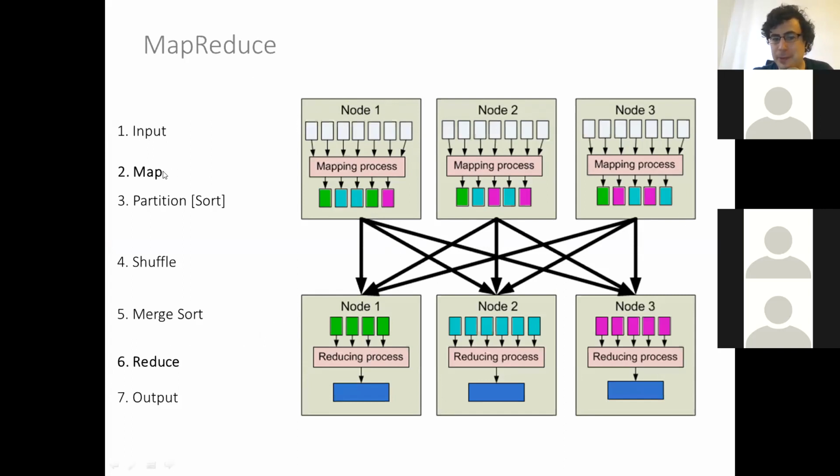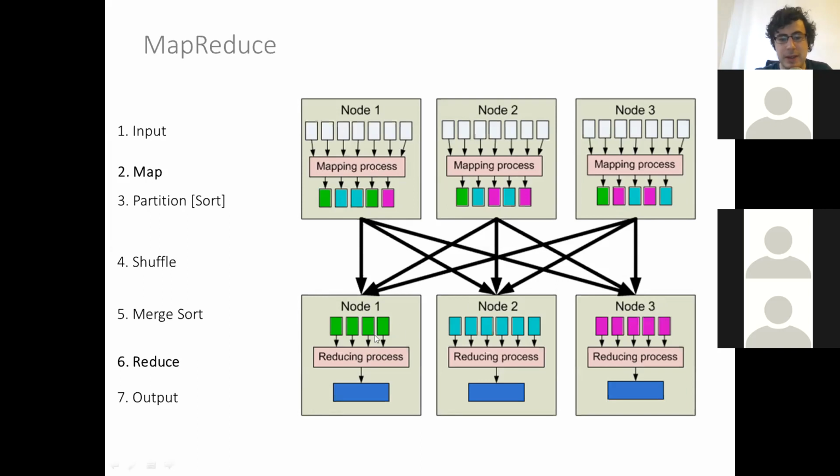There is then a map process, which effectively defines which items go to which machine. Here we have 3 different machines: green, cyan, and magenta. All the green items will end up on one machine, all the cyan on another, and all the magenta on a third machine.